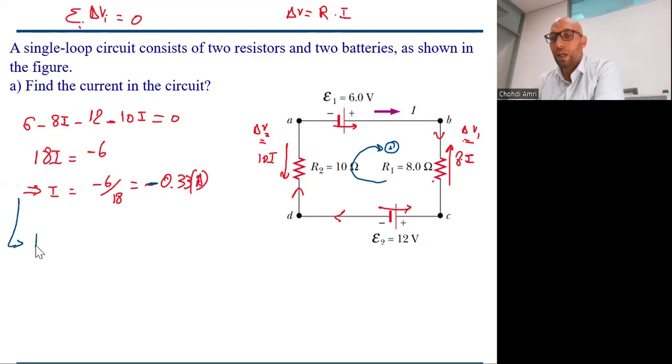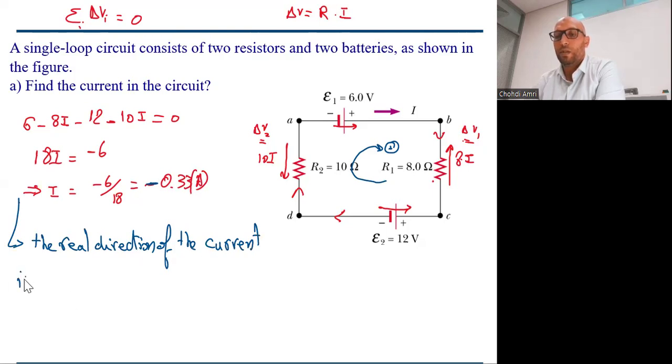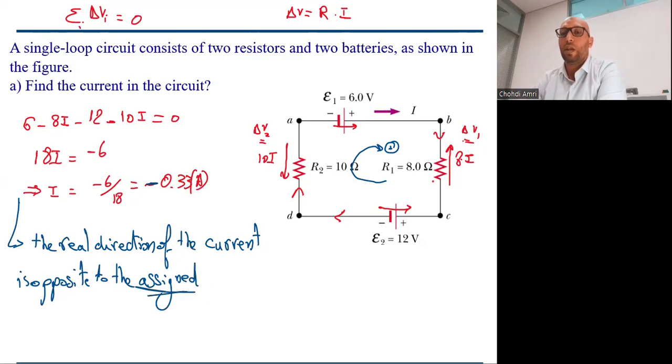We can say that the real direction of the current is opposite to the assigned.